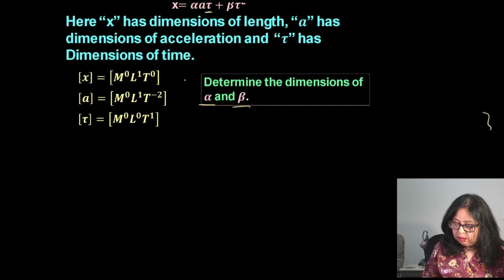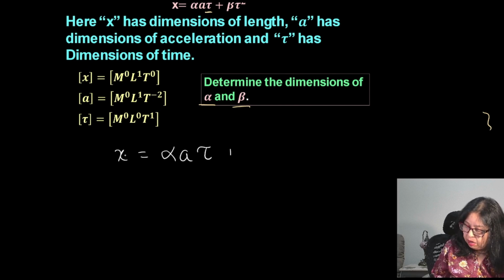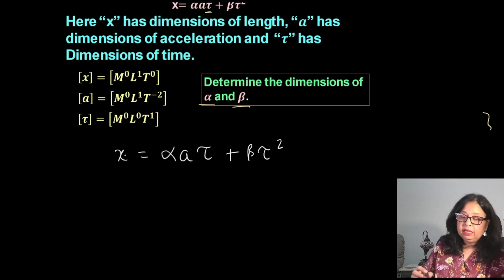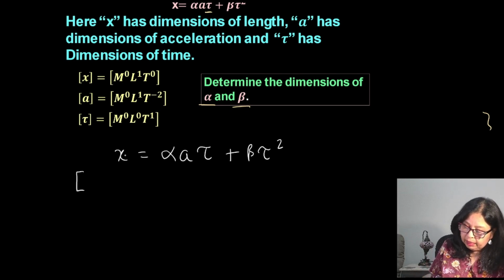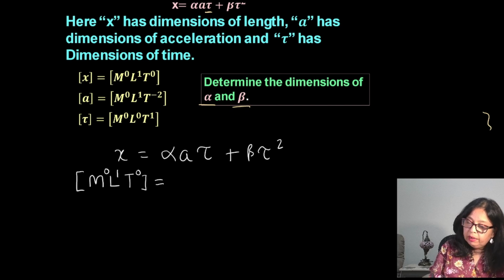Alrighty? So let's rewrite the equation. x equals alpha a tau plus beta tau squared. We're told that x has dimensions of length, so on the left-hand side we have M0, L1, T0. This is the dimensional formula for length. On the right-hand side, we're asked to determine the dimensions of alpha.